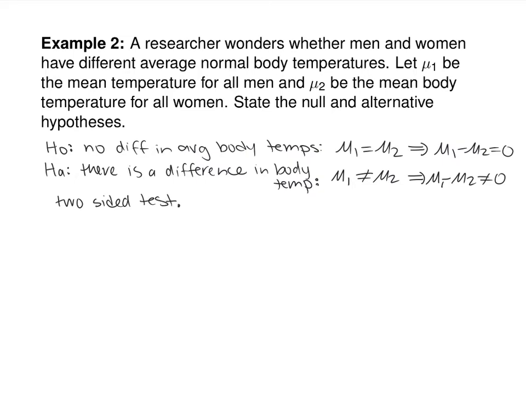That is because either mu1 could be bigger than mu2, or mu1 could be less than mu2. Both of them are possible. And unless the problem specifies a direction, don't make up a direction.